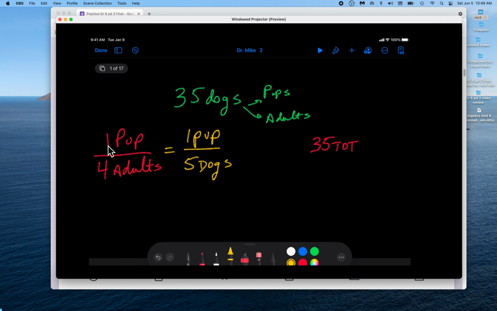All I did was add the puppy and the adults to get 5 dogs. So when you have 5 total dogs like you have here, one of them is going to be a puppy. You also know that if you have 5 dogs, 4 of them are going to be adults.